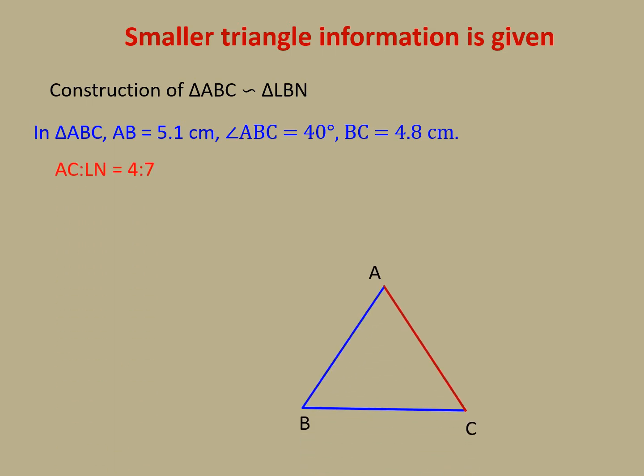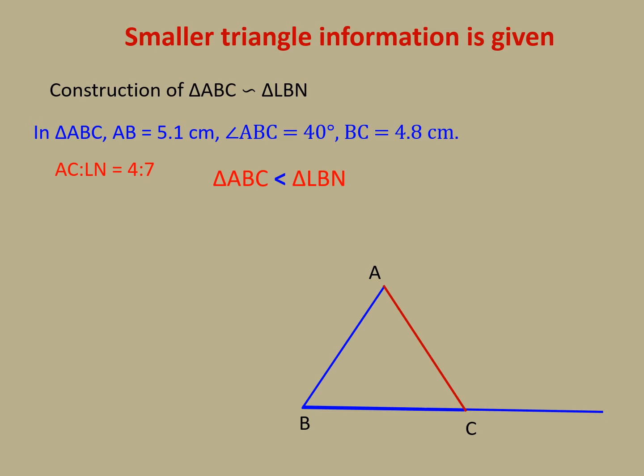Also they have given AC is to LN equals 4:7, which indicates triangle ABC is smaller than triangle LBN.